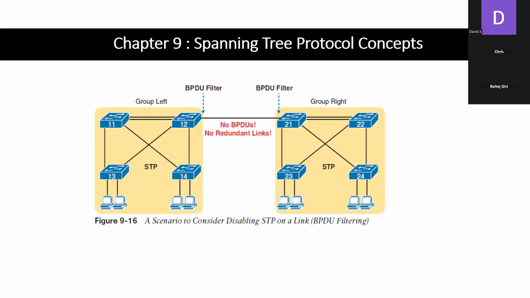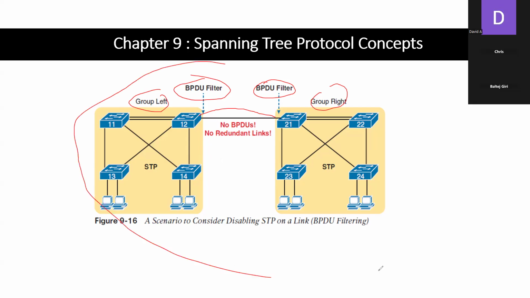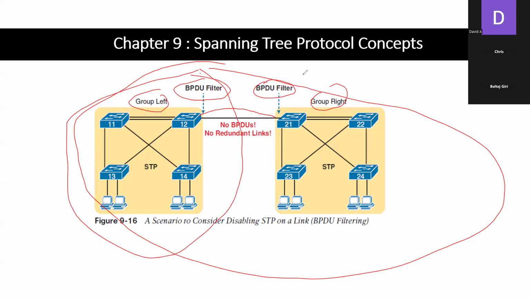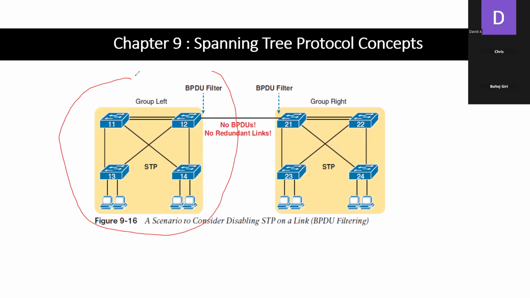So if we're looking at group left and group right, they have connections between each other, and BPDU filter is set right there. Even though they're connected, this is not a redundant topology. With BPDU filter, this is one broadcast domain, and this is one broadcast domain.